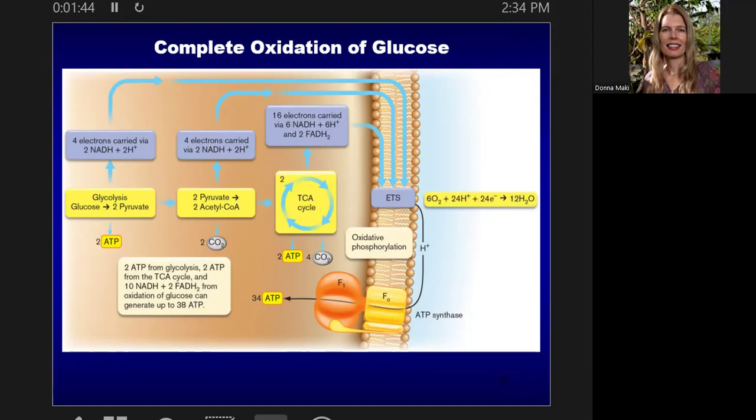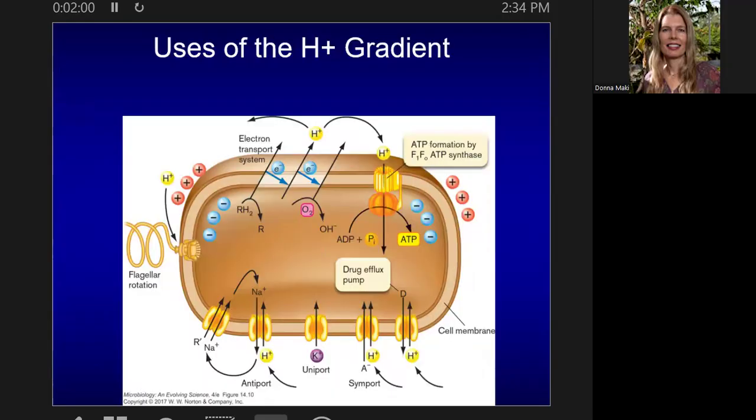So if E. coli is hanging out in an environment with oxygen, that's its top pick. Oxygen is the best electron acceptor on the face of the earth, which correlates to you get the most ATP if you use oxygen as the terminal electron acceptor. So go for oxygen if you have it.